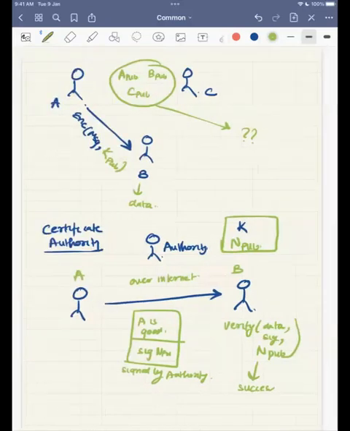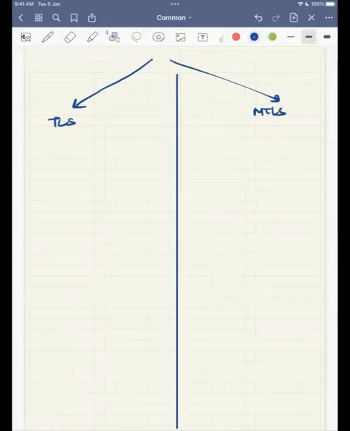Okay, now there are two concepts here. One is TLS, one is MTLS. I'll not go into detail because these are very complex concepts, but I'll just try to explain TLS and MTLS. In case of TLS, there is a client and then there is a server.